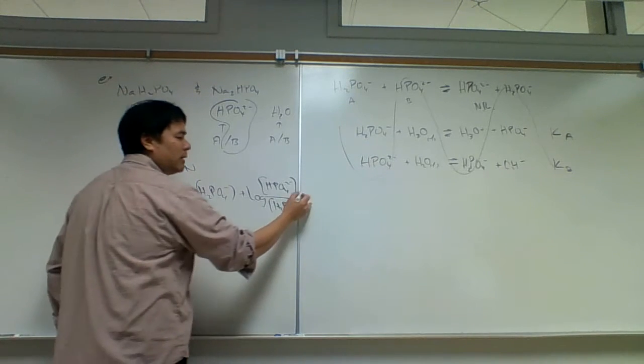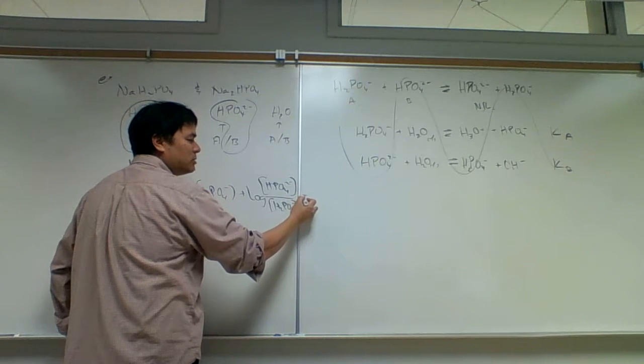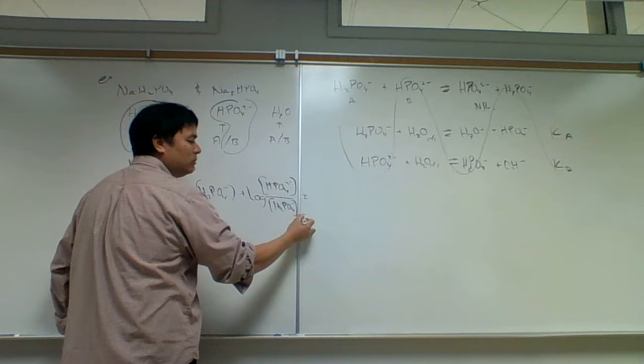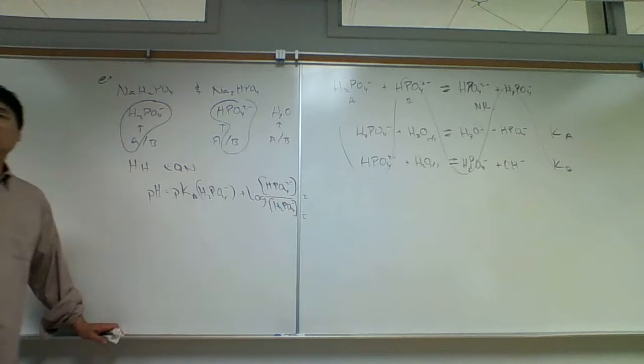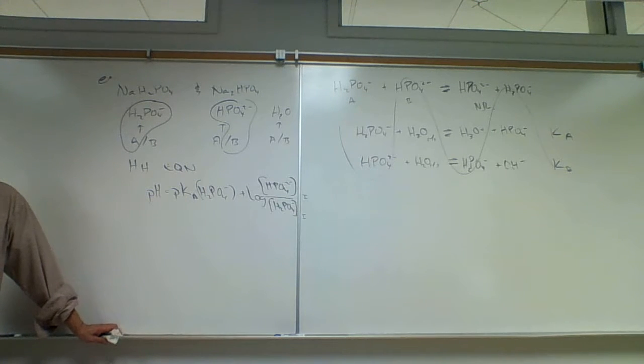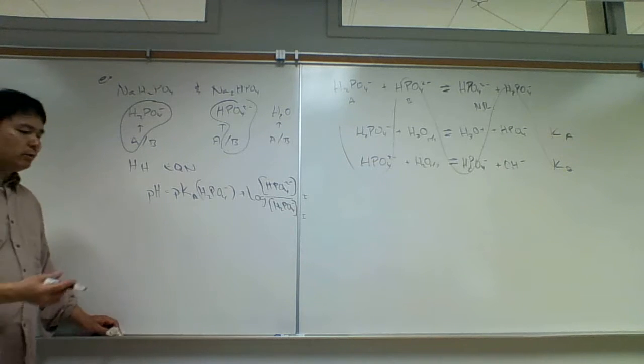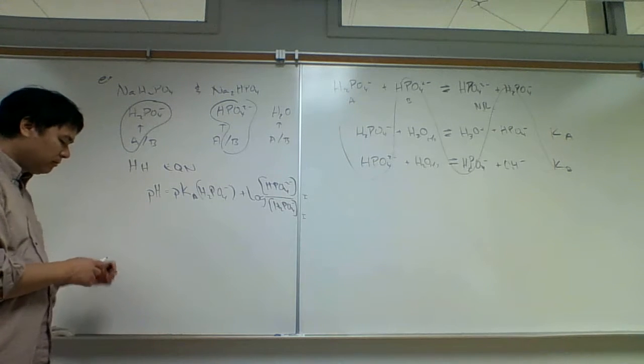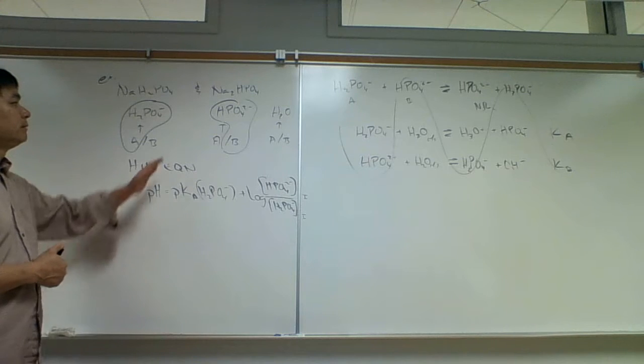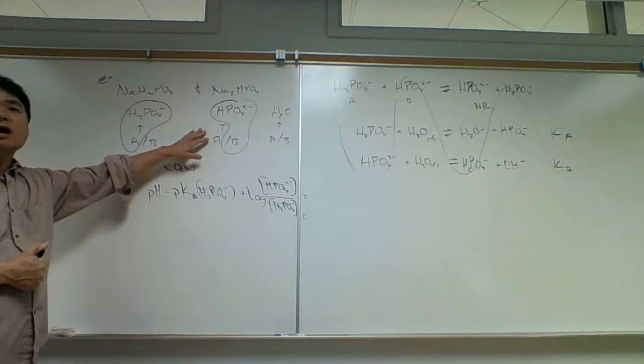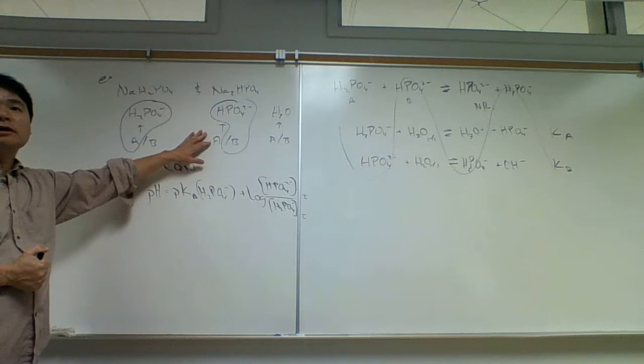The great thing about this is if the simplifying assumption holds, we don't have to plug in the equilibrium concentrations, we plug in the initial concentrations, making the calculation very quick and easy. So if you recognize right off that this is a Henderson-Hasselbalch buffer, you can save a lot of time in the calculation.